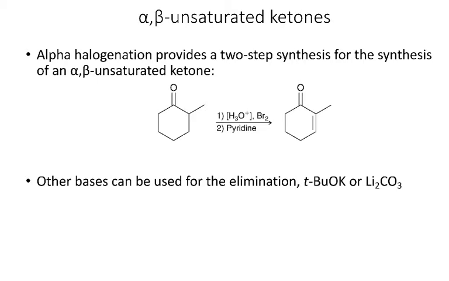The way the synthesis of this alpha-beta unsaturated ketone works is first we do the alpha halogenation, which would give us this product. Then if I hit this compound with a base, and in this case pyridine actually works, we'll get an E2 reaction to give us the alpha-beta unsaturated ketone.